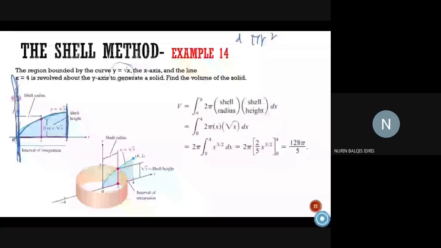Here we have the region. Is there a gap in the region? Our axis of rotation is here. There is no gap, and this is our solid.